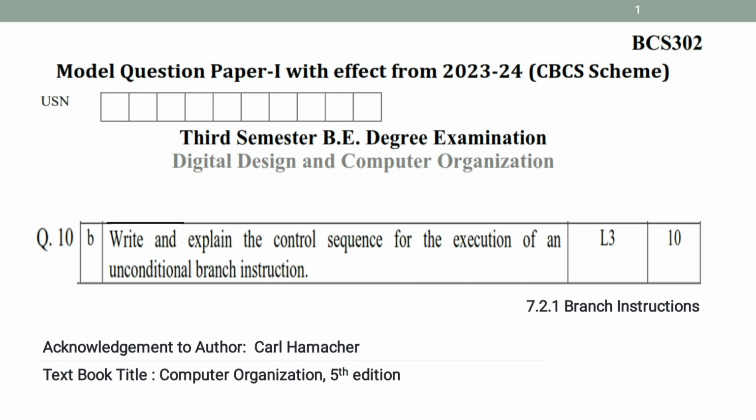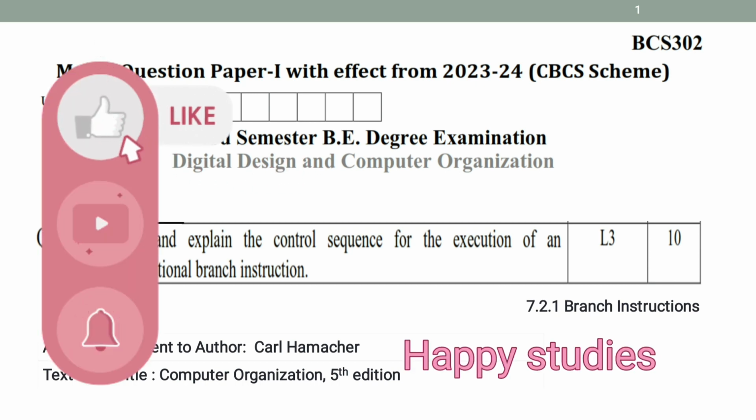We took one example for a branch instruction and came to know what terms and actions are involved in that. Then we concentrated on the 5 steps of control sequence one by one in detail, how they perform the actions needed for execution of an unconditional branch instruction. Then we extended the discussion to conditional branch instruction execution also.